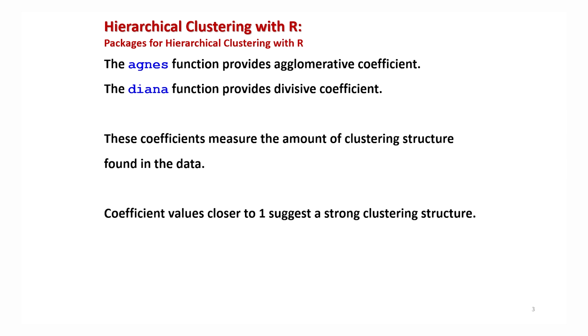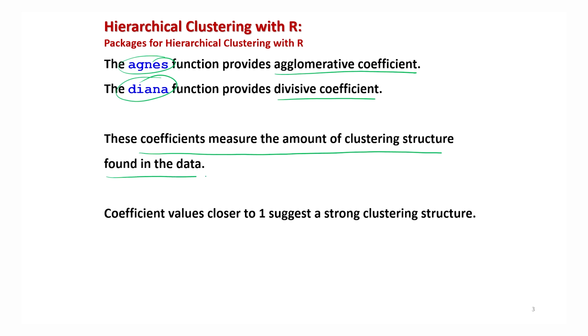We also have an option to find the agglomerative coefficient and divisive coefficient in the AGNES and DIANA functions respectively. These coefficients measure the amount of clustering structure found in the data.